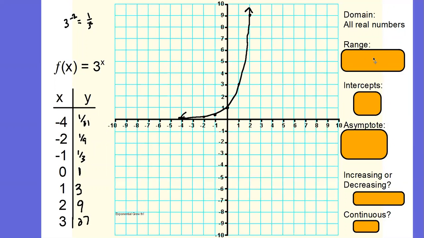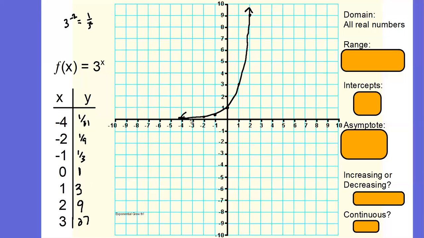My range. When I'm looking at range, I'm talking about outputs or y values. And if you notice, all of these y values here have something in common, and that is that they're all positive. Notice there is nothing happening down here. I don't have any points below the x-axis, and if I kept going to the left here with my x values, I would just keep getting closer and closer to 0 without ever actually touching it.